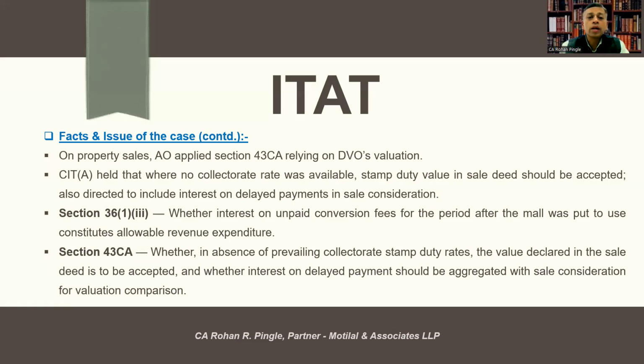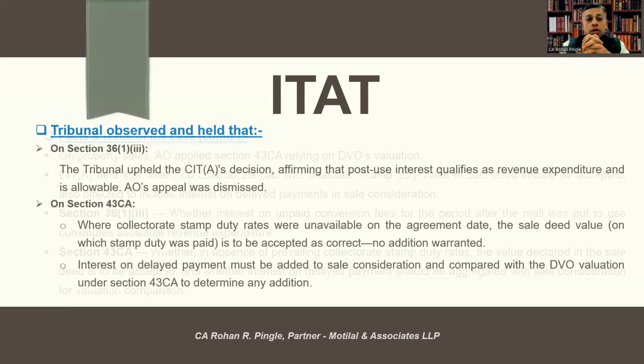So issue: whether interest on unpaid conversion fees for the period after the mall was put to use constitutes allowable revenue expenditure, and whether in absence of prevailing collectorate stamp duty rates, the value declared in the sale deed is to be accepted, and whether interest on delayed payment should be aggregated with sale consideration for valuation comparison. Let's see what tribunal observed and held.